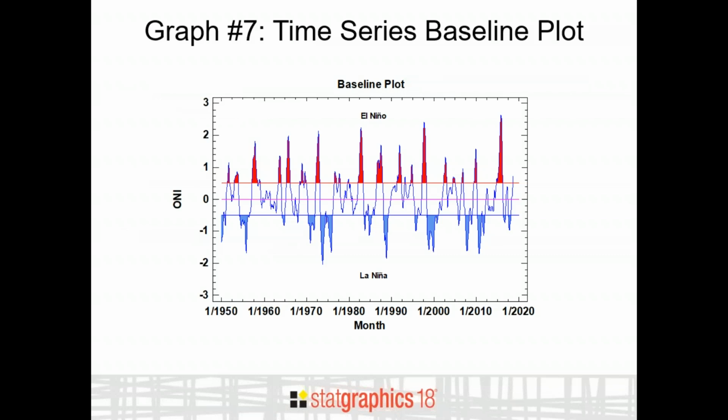Now, to look at that, I'm going to nominate as graph 7 a time series baseline plot. A time series baseline plot takes a time series, monthly data, in this case, the ONI going all the way back to January of 1950, plots it with a horizontal line at the baseline, in this case 0, and upper and lower limits, in this case at 0.5 and minus 0.5.